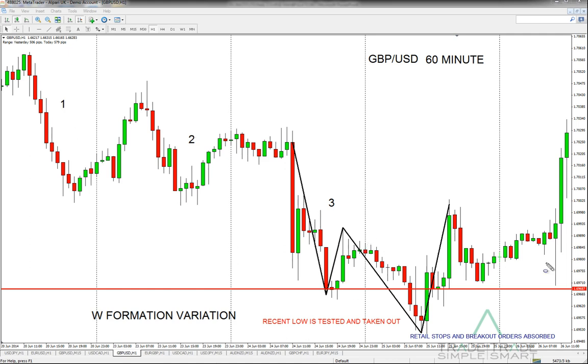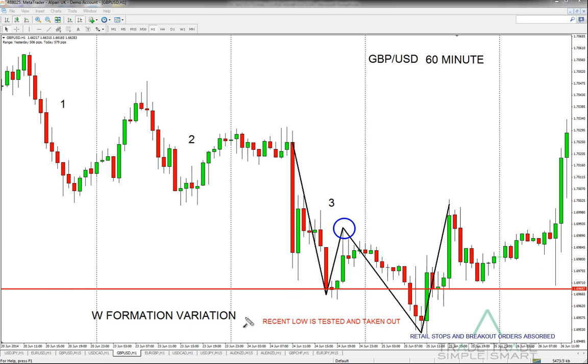This liquidation will bring buyers into the market, and their buy orders will have an equal and opposite stop loss, which will be a sell. And as we know, the W formation is designed to manipulate and create sell orders.